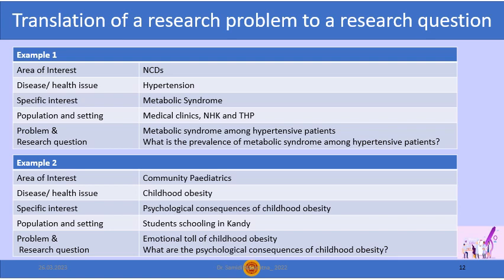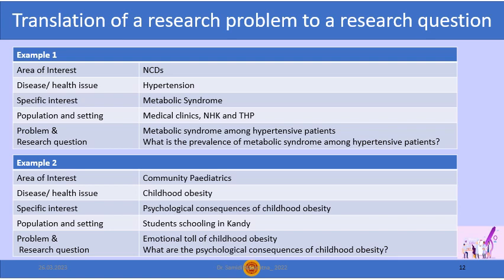So in the first example, let's say the area of interest is non-communicable diseases. This is an example taken from medicine. And the health issue, let's say it's hypertension. And say the researcher is particularly interested in the metabolic syndrome.